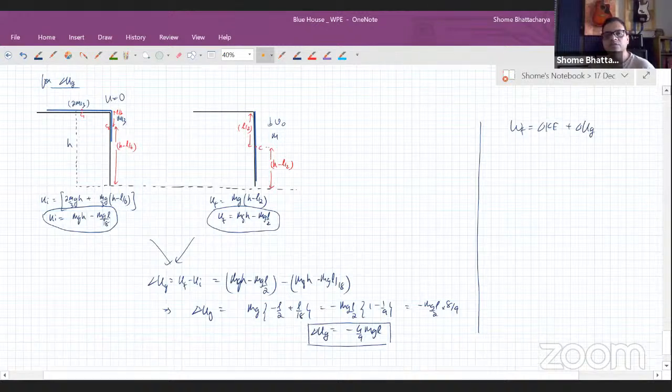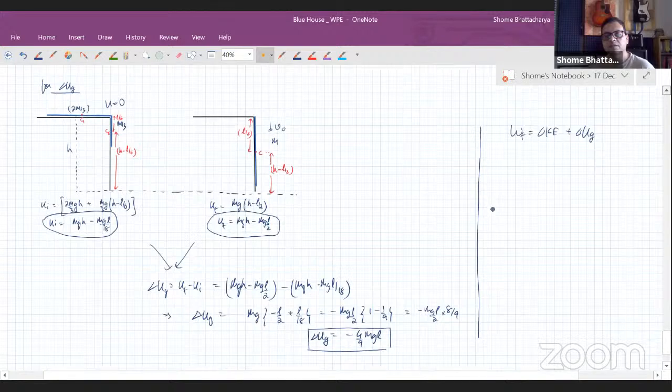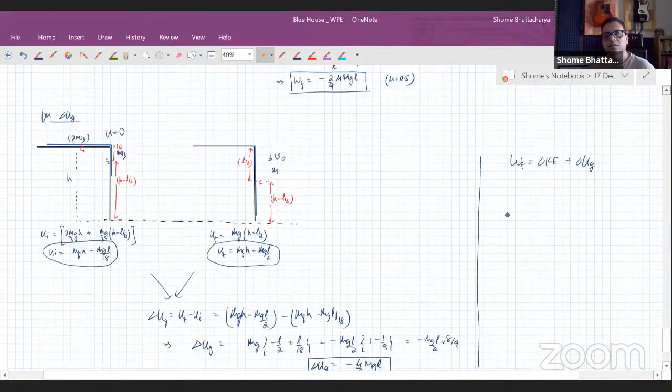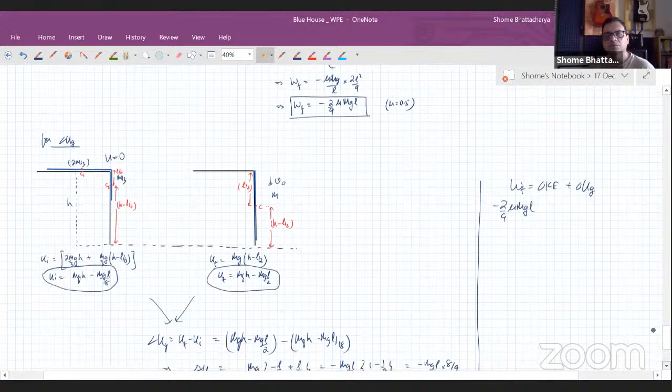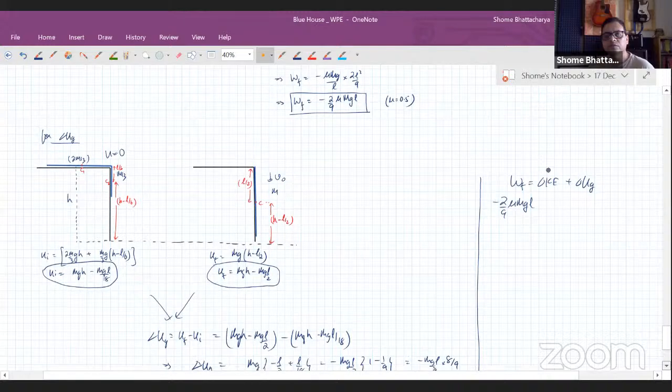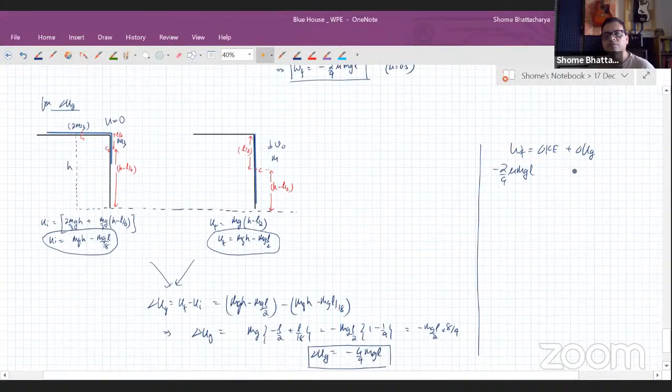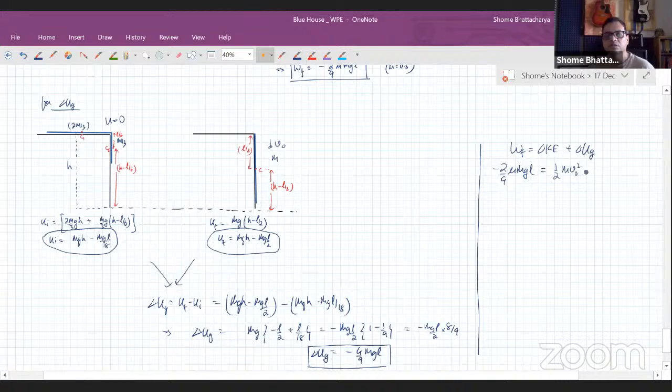The work done by friction from above was minus 2 by 9 mu mgL, and mu itself was 0.5. This is equal to half m v0 square, where v0 is the speed when it just leaves the table, minus 4 by 9 mgL.